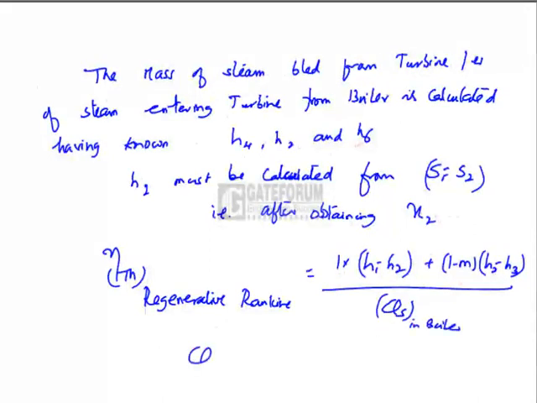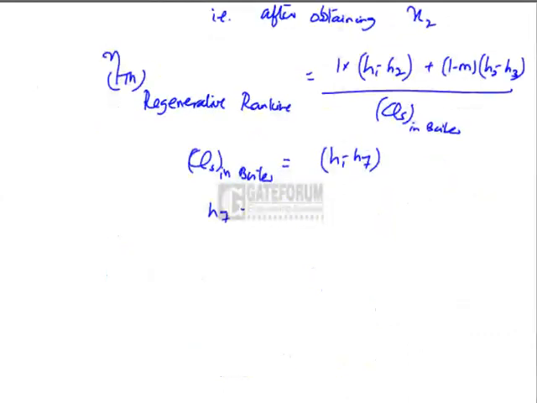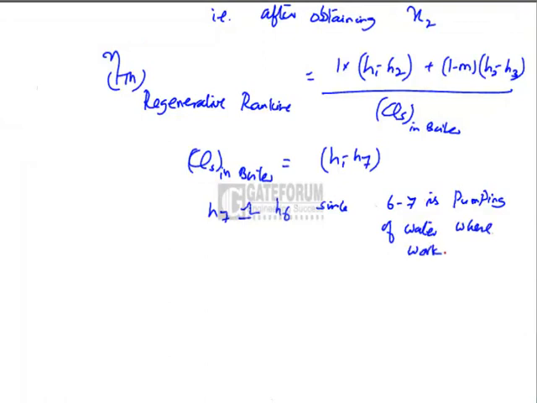Heat is supplied in the boiler from 1 to 7, but H7 can be taken as almost equal to H6 since 6 to 7 is pumping of water where work is negligible.